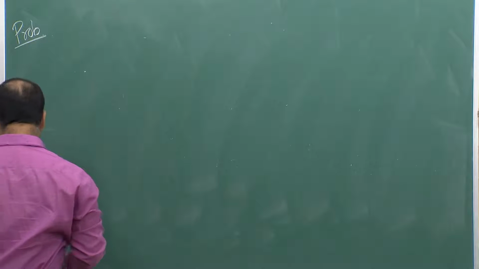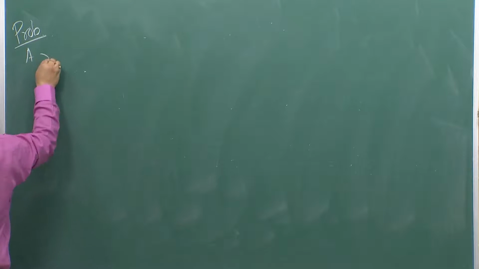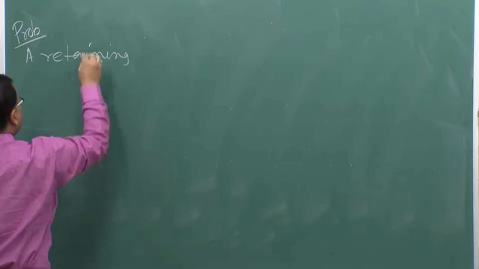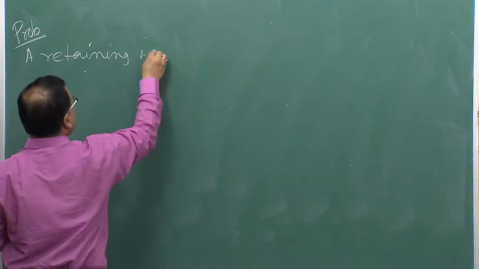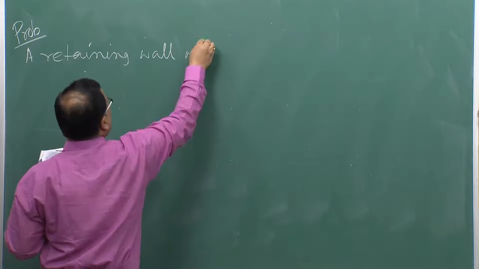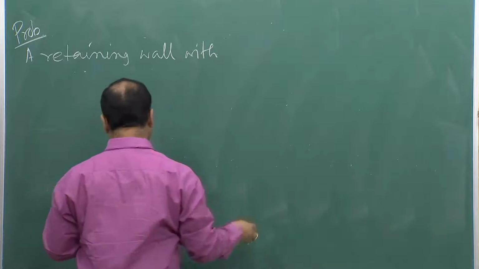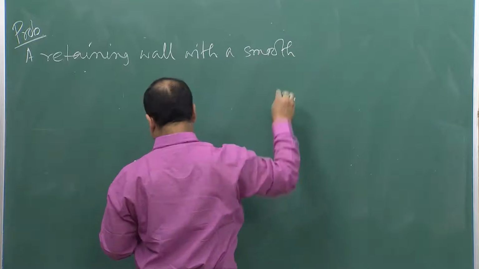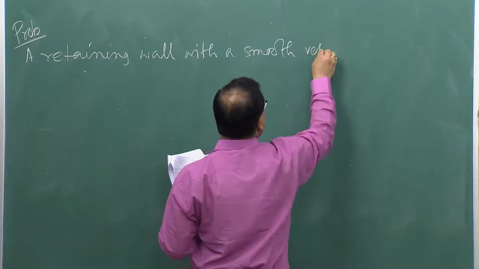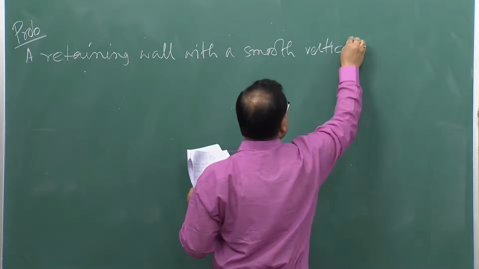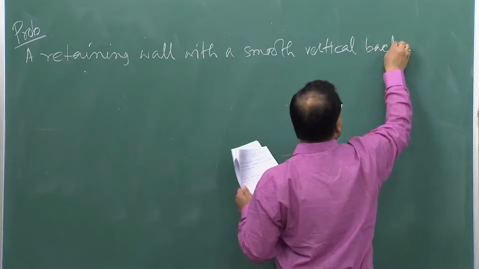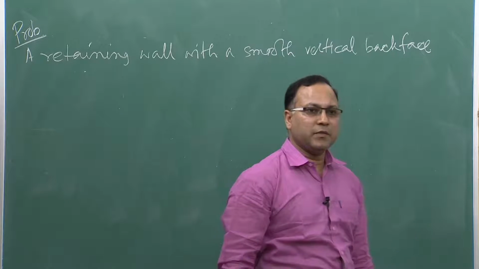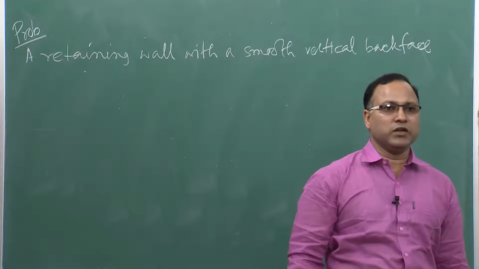The next problem says: a retaining wall with a smooth vertical back face. When you are considering a smooth vertical back face, basically Rankine's theory holds good.